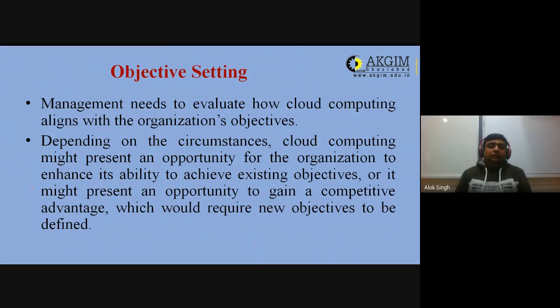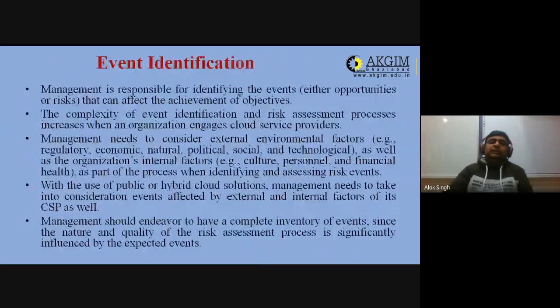Basically you have deployed a cloud-enabled environment to meet certain objectives, so based on those objectives, you should check whether they are in alignment with your cloud computing practices or not. That is objective setting.